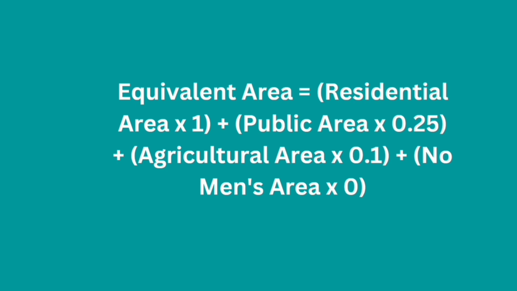Then for the public area you have to take the weightage as 0.25, for agriculture area 0.1, and for no man's area 0. Obviously, because in no man's area like roads, rails, there is no population going to reside. Now keeping these values in mind, we will calculate the equivalent area in the table.